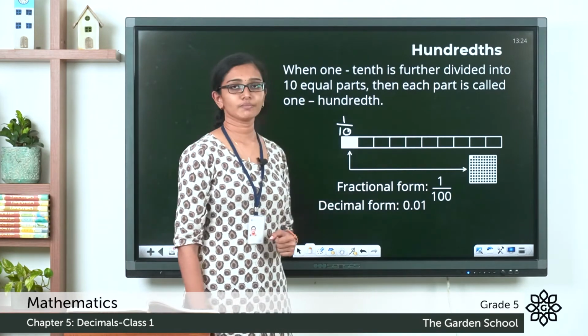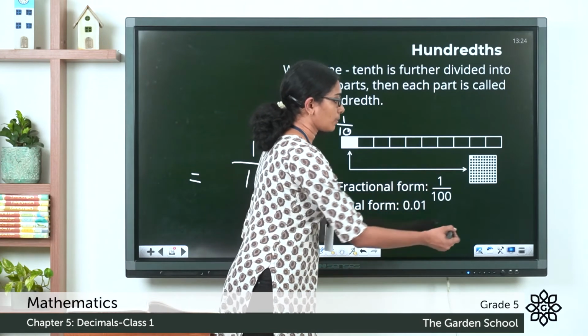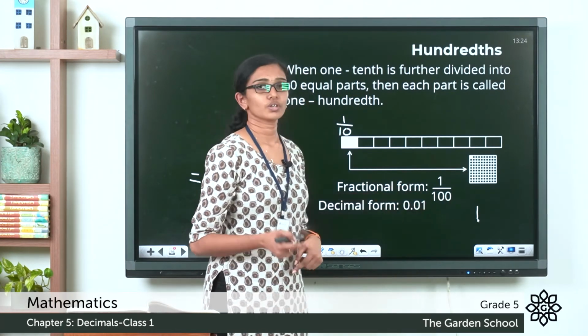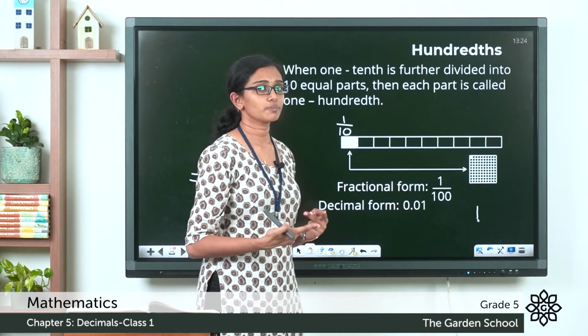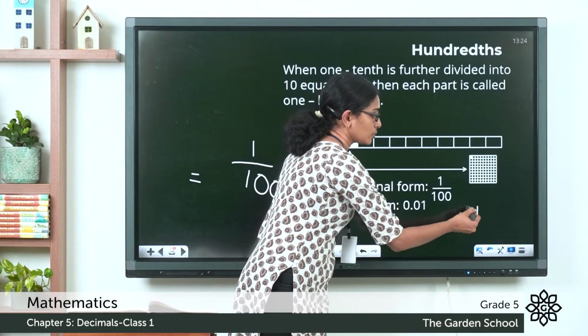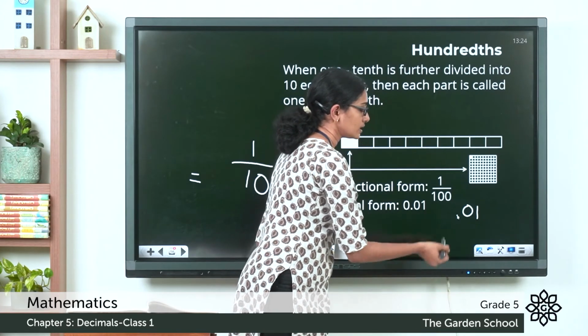And how do you write the decimal form for this? You write this number 1 and where do you put the decimal point? Here there are 2 zeros. So after the decimal point there should be 2 places. So you move towards the left 1 and then you put 0 and there you put the decimal point.